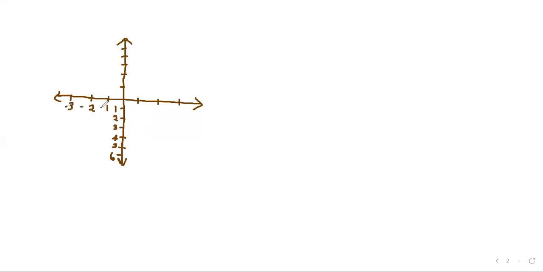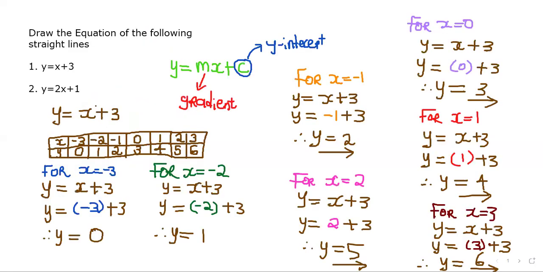Remember these ones, they are negative. So all of them should be negative, just like that. Then here it's 1, 2, 3, 4, 5, 6, and 1, 2, 3. Remember, guys, you must always use a ruler. You must not draw freehand so that your work is much neater. So that is the y-axis right here. Don't draw it freehand like I'm doing. Then that is the x-axis. Utilize a ruler to make your work much neater and easier.